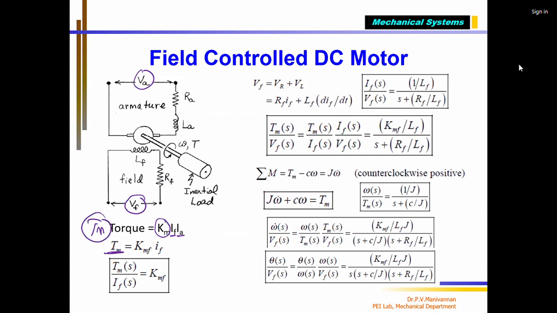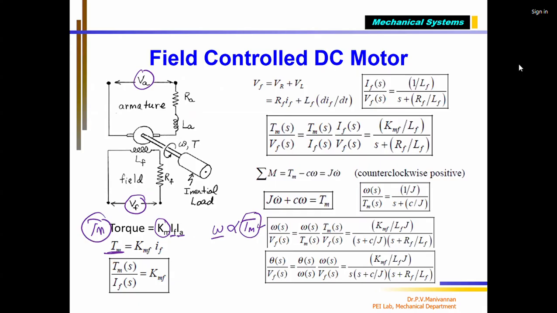If torque is available, then the motor speed omega is proportional to the torque. Higher the torque, and if the torque is more than the frictional torque, the motor speed will increase. So omega is also proportional to TM, and TM in turn is proportional to the current supplied to the field and armature coils.